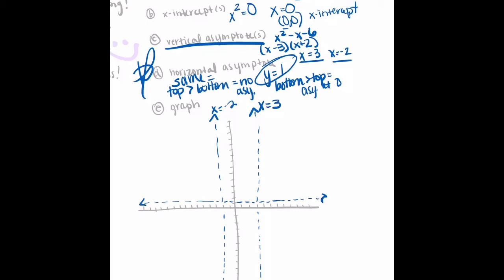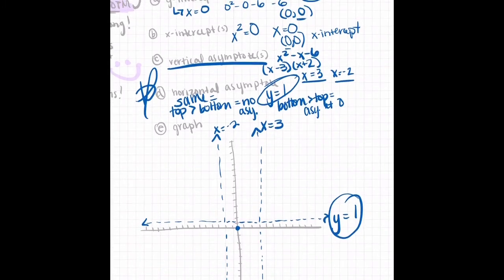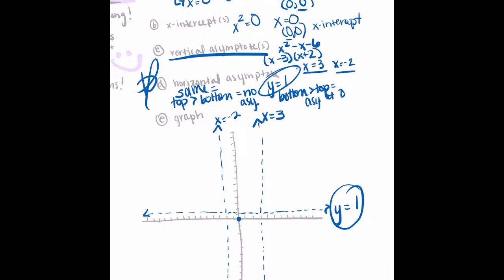They're not obviously expecting perfection, but if it asks for labels, you really want to make sure you label. And now I know I have an x-intercept here. So from here, you could plug stuff in the calculator, or I'm going to plug in a value such as x equals negative 3.